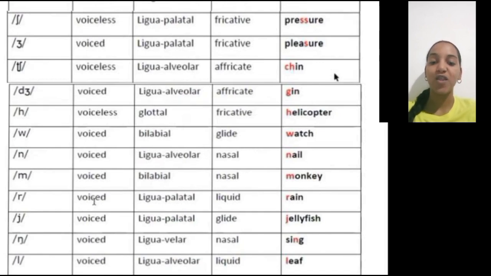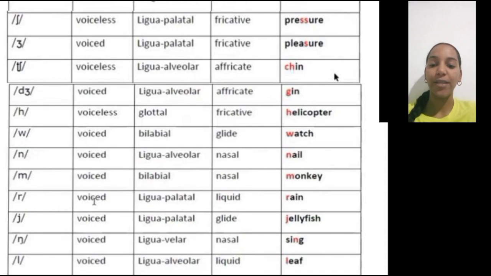Then we have the phoneme r, which is voiced, palatal, liquid, also known as ladder, and is liquid because the airflow passes along one or both sides of the tongue. An example is crane. Here we have the phoneme y, which is voiced, palatal, glide, and an example is jellyfish.